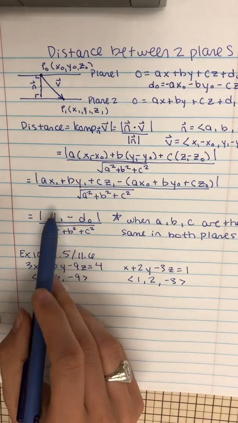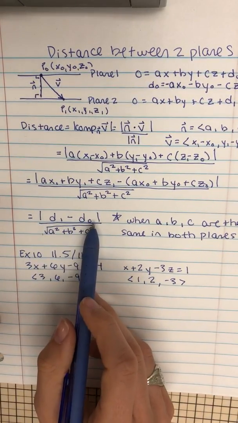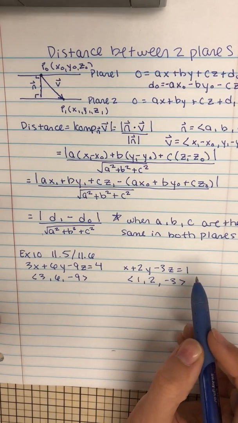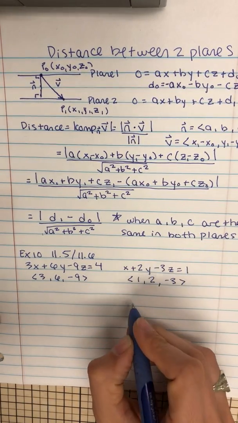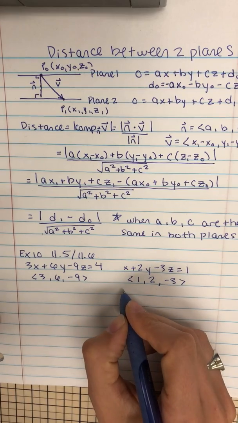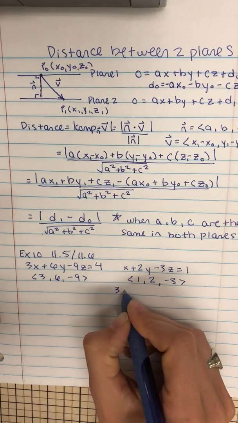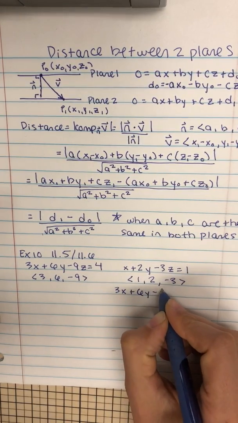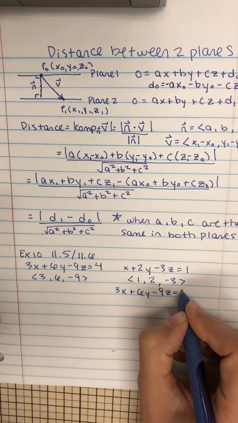But in order to jump right to this formula, we would need to multiply this one by a scalar. So I'm going to multiply this one by 3. That means I could describe this plane also as 3x plus 6y minus 9z equals 3.